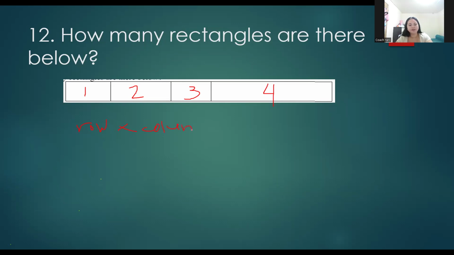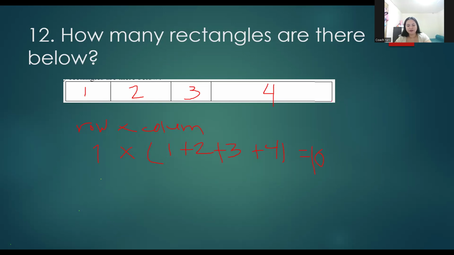Here, how many rows do you have? Only one row. And then times the sum of the columns. So that's 1 plus 2 plus 3 plus 4. How much is that? That's 10, right? So the answer to this one is 10.